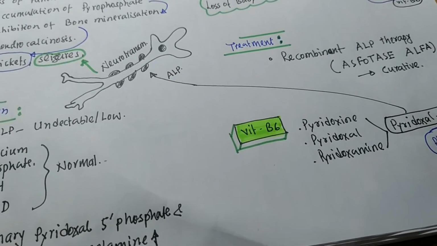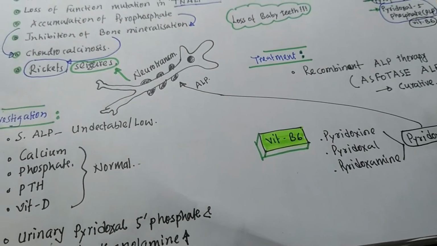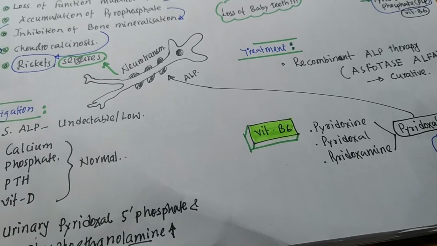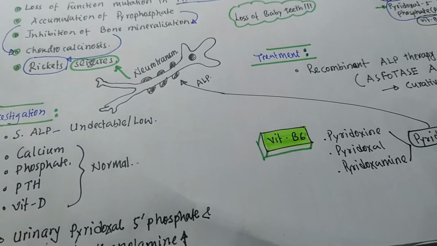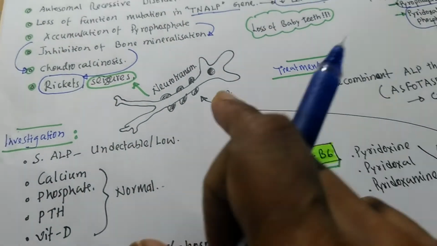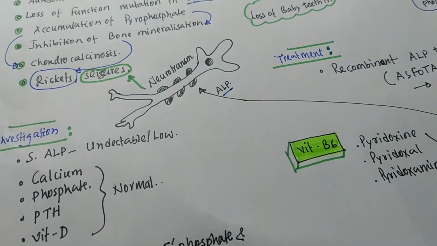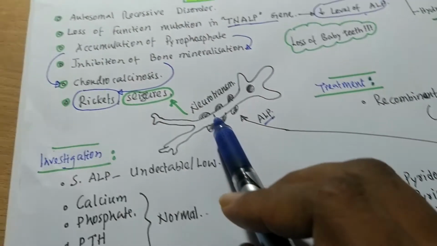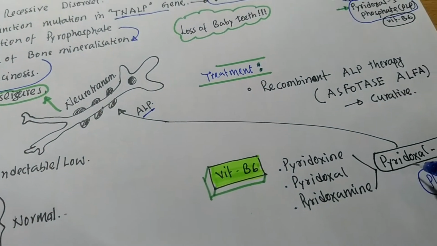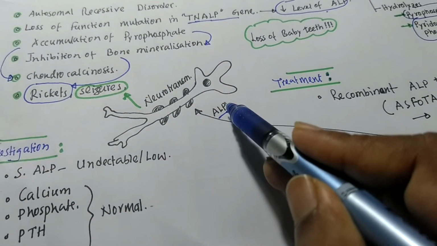Okay, and this vitamin B6, that is PLP, has many functions, and most importantly, it is related with the synthesis of neurotransmitter in the brain. And to take part in the synthesis of neurotransmitter in the neuron, it has to be at first dephosphorylated by the alkaline phosphatase. I repeat again, to take part in the synthesis of neurotransmitter inside the neuron in the brain, at first the phosphorylated pyridoxal 5 phosphate must be dephosphorylated by the alkaline phosphatase.